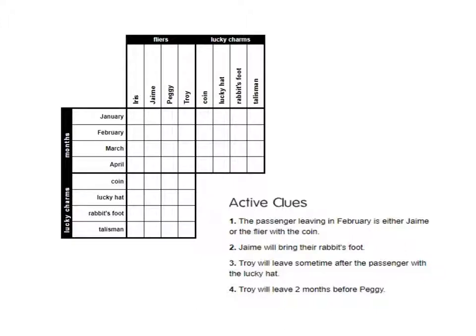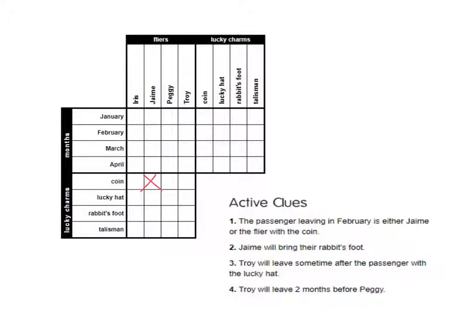Passenger leaving in February is either Jamie, okay, so Jamie might be February, or the flyer with the coin. But what that really is telling me is Jamie and the flyer with the coin are two different people. So Jamie and flyer with the coin, I'd put an X through that. That's not going to be Jamie.